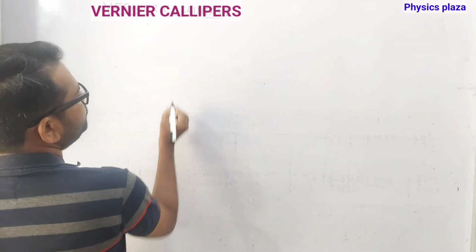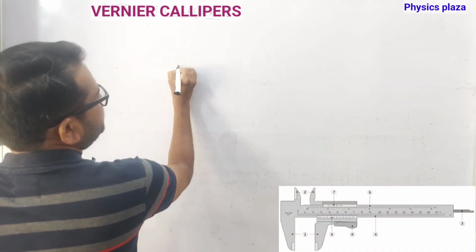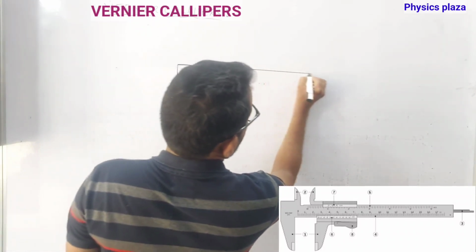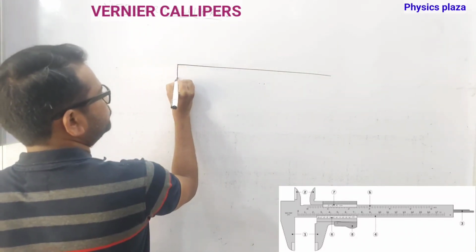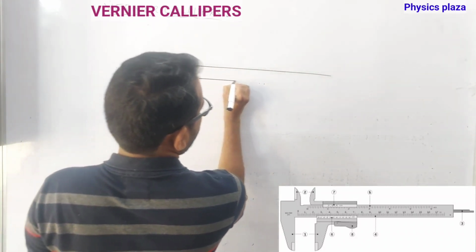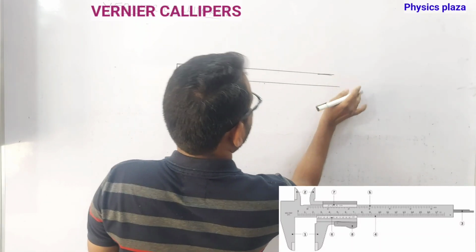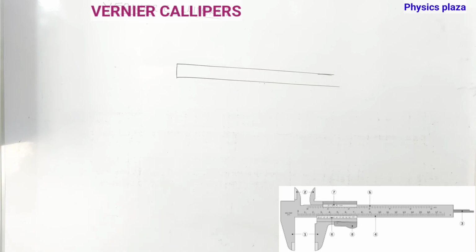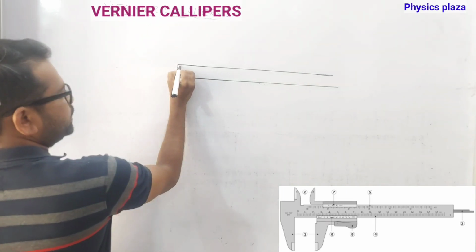Children, as I told you, the vernier calipers has a scale like this, that is the main scale. Are you able to see it? Okay, fine. This is calibrated in metric.